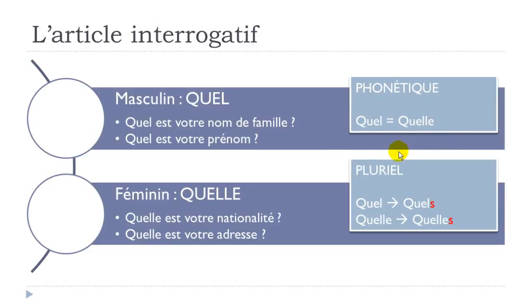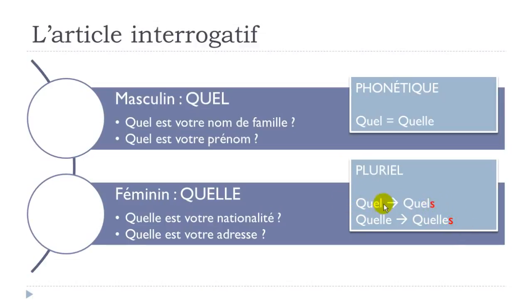And then the second thing that you've got to remember, of course, is that you accord these articles with the word they are connected to. So it does mean that if the word is in the plural form, then you will have to put the plural form. The rule in French, if you remember correctly from the previous lessons we've been doing, is to put this final S at the end of the words to put the plural.